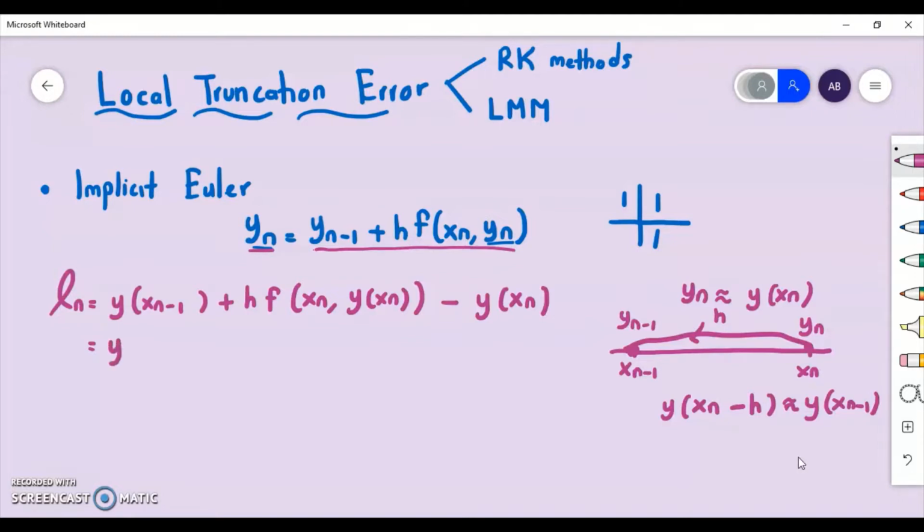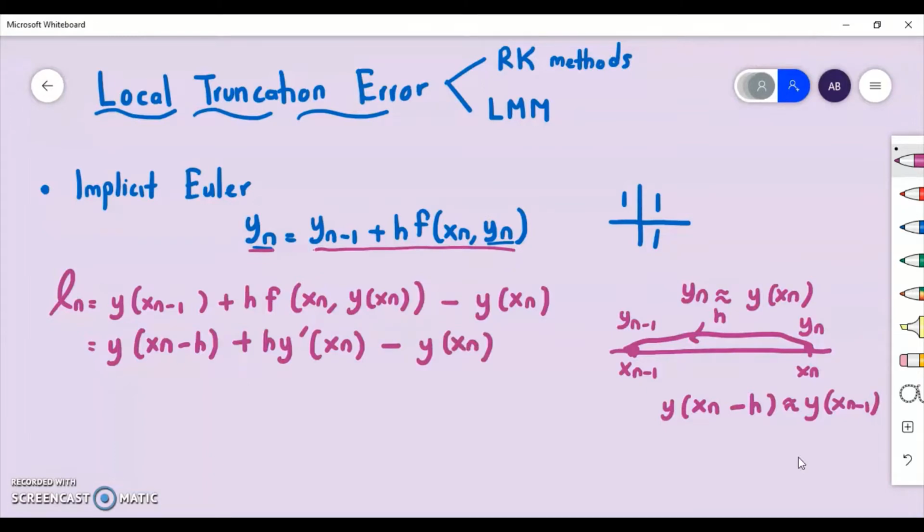So let's write y at xn minus h plus h, which I can write as y prime, this whole thing y prime at xn, minus y at xn.